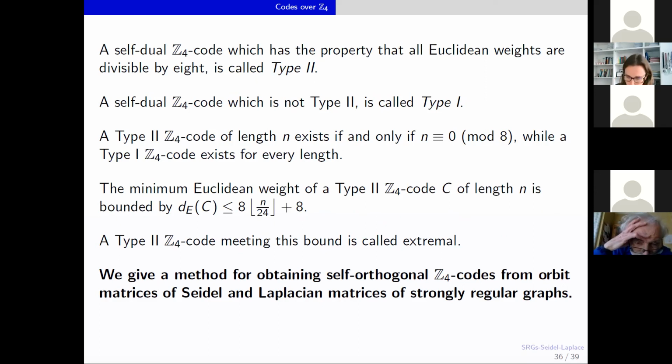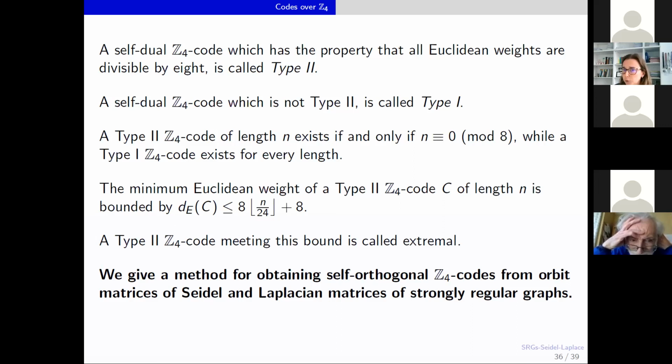For Z4 codes, the researchers working in this field are interested either in type 2 Z4 codes or type 1. A self-dual Z4 code, which has the property that all Euclidean weights are divisible by 8, is called type 2. And if it is not type 2, it is called type 1.